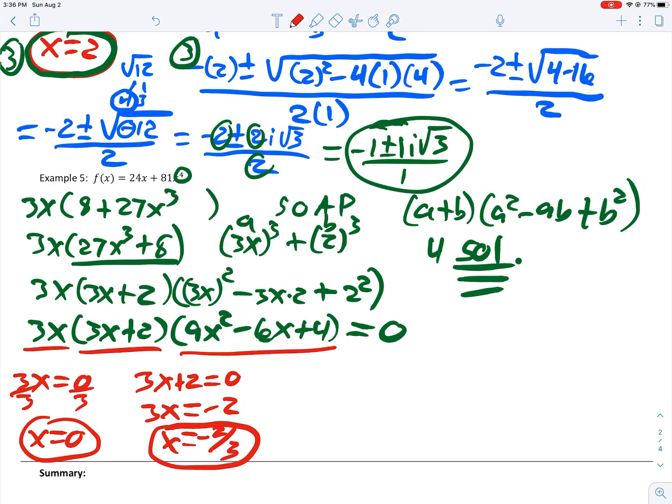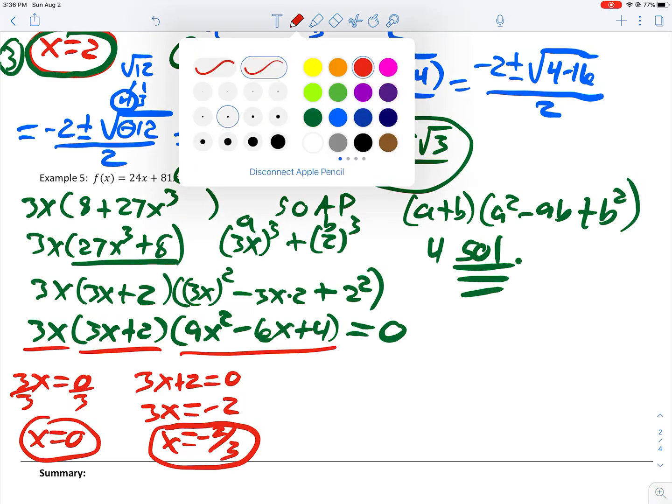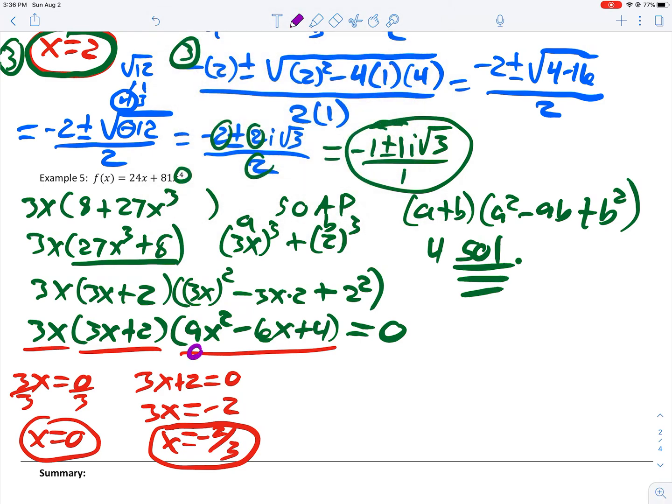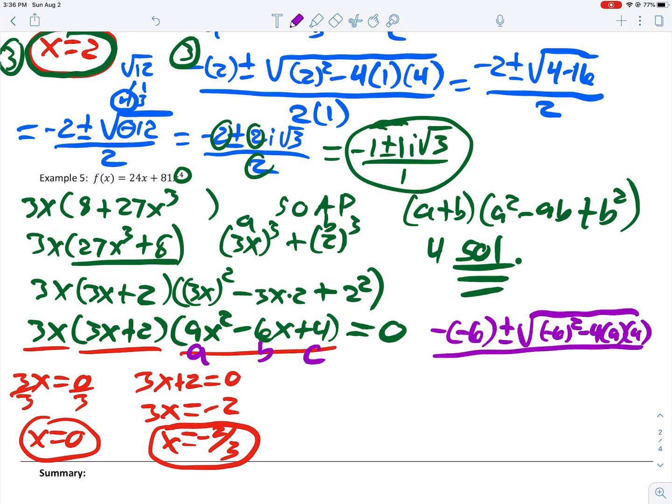So I have half my answers, 2 out of the 4. So I have my A, B, and C. So minus a minus 6, plus or minus the square root of 6 squared, minus 4 times A times C, all over 2A.